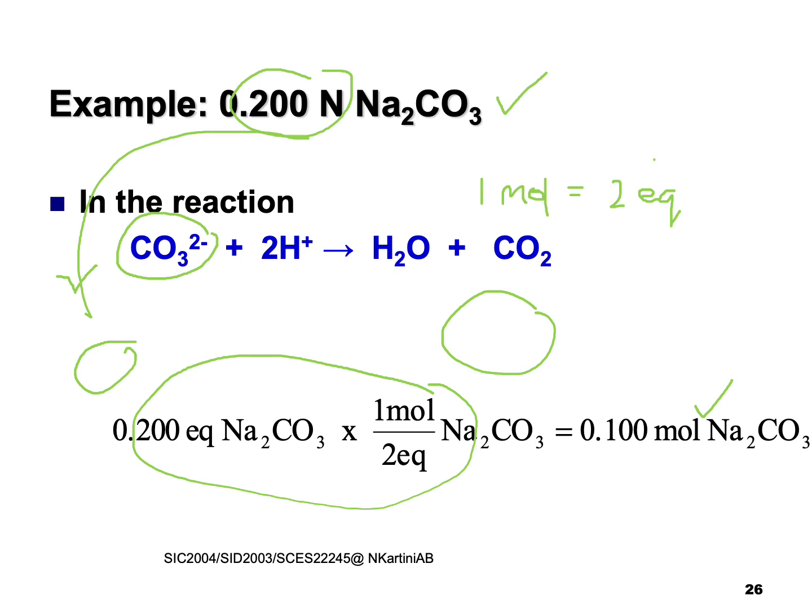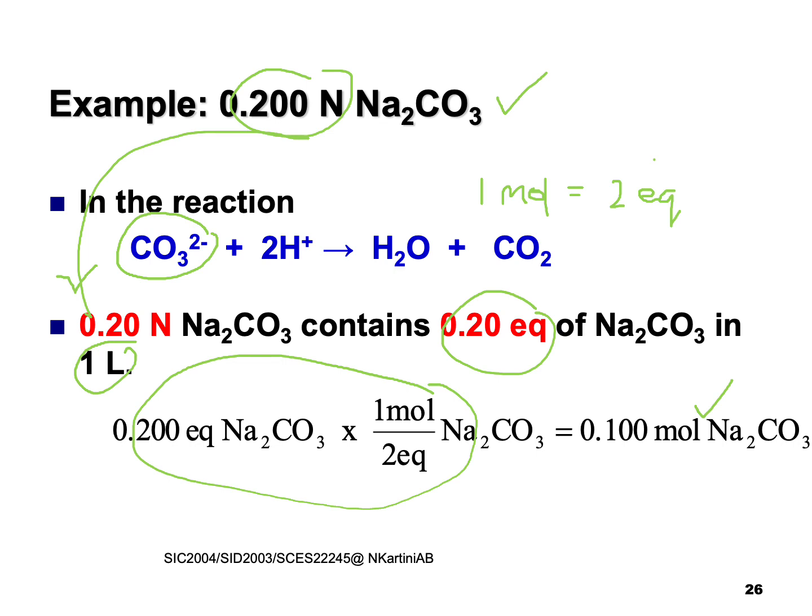So the carbonate has 2 charges minus here. That means the number of equivalents is equal to 2. So 1 mole is equal to 2 equivalents. If we have 0.2 normal, it means that it contains 0.2 equivalents of this species in 1 liter.